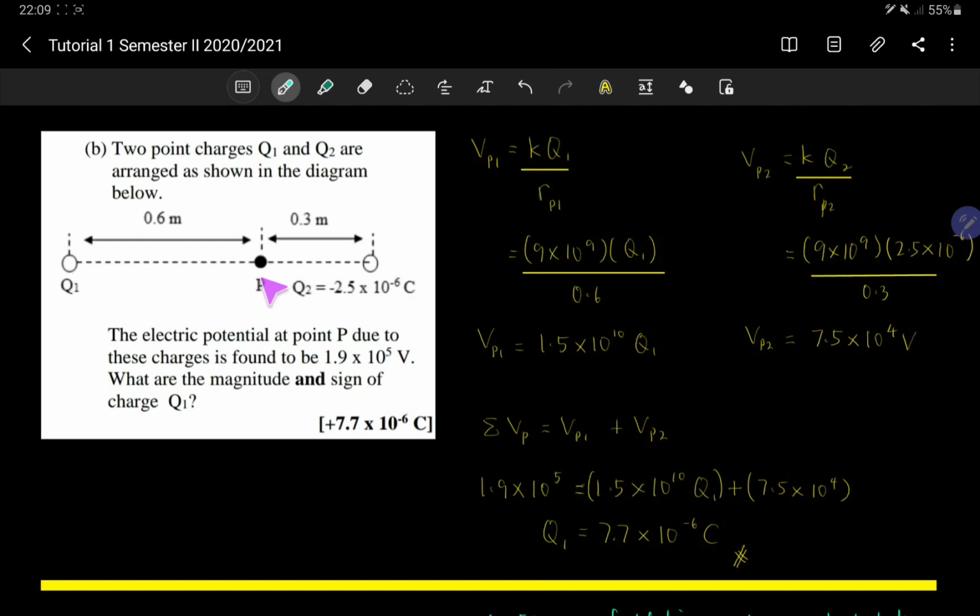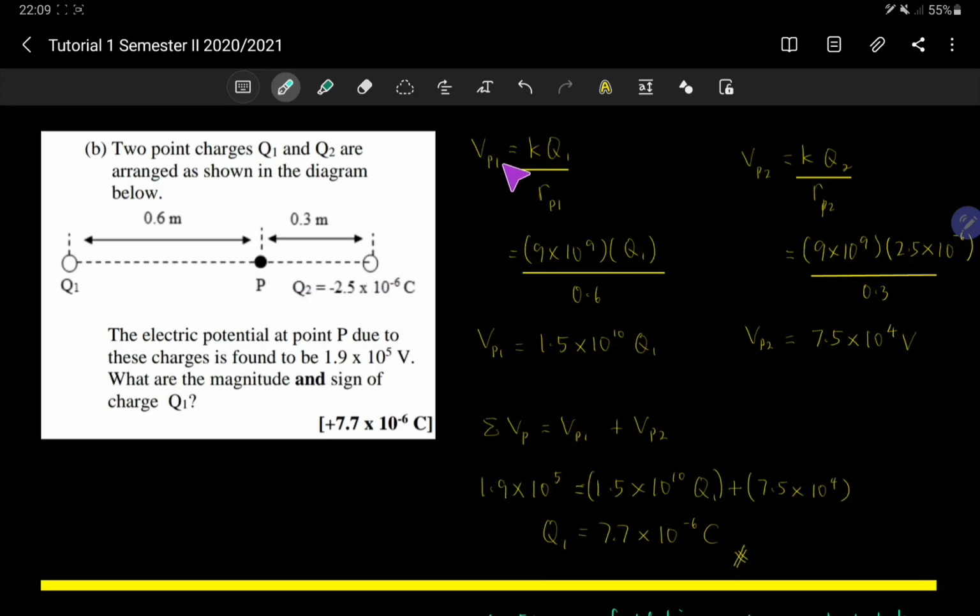Again, the potential exerted on P is of course exerted by Q1 and also by Q2, isn't it? So we are talking about VP1 and VP2, V on P by 1 and V on P by 2. We just calculate VP1 and VP2 first.